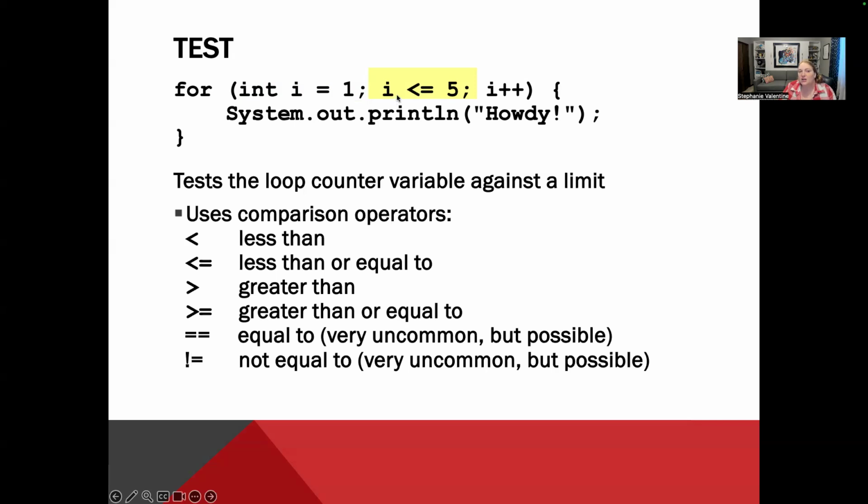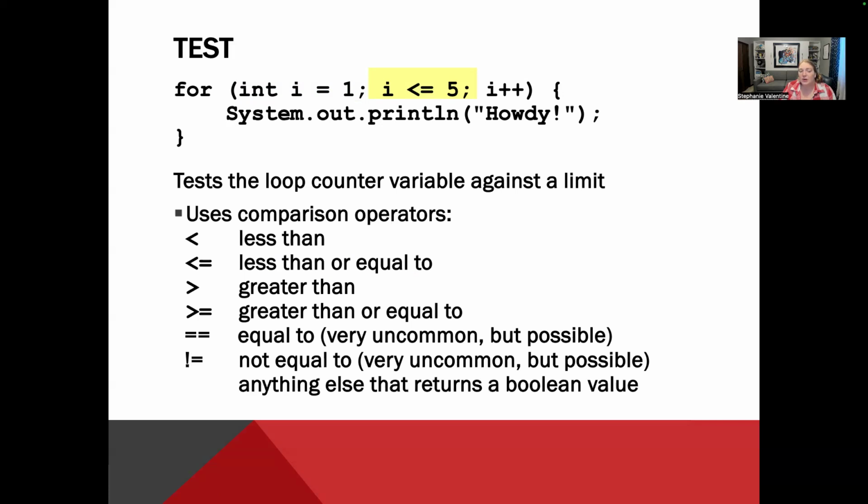Often you're expecting it to run 5 times, but it's only running 4 times or something like that. Check what sign you're using. You probably need an equal sign where there wasn't one, or you need to remove an equal sign where there was one. This is a common place where bugs pop up.